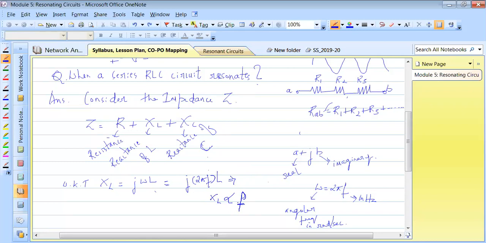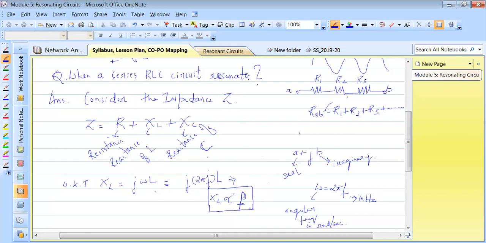This is a very important point. Why is XL directly proportional to f? Because if I keep increasing f, that increase in f would also increase the reactance of the inductor. That's why we say XL is directly proportional to f. This is one result that we obtained. Everybody is okay with this?